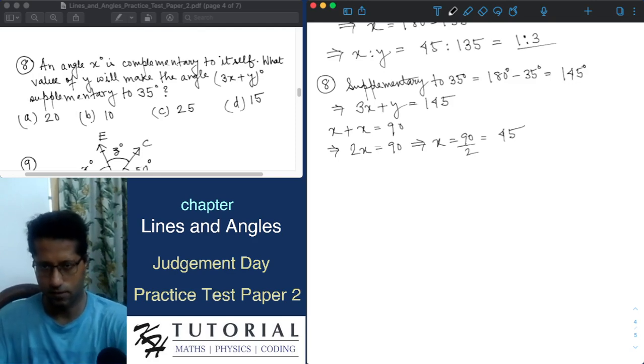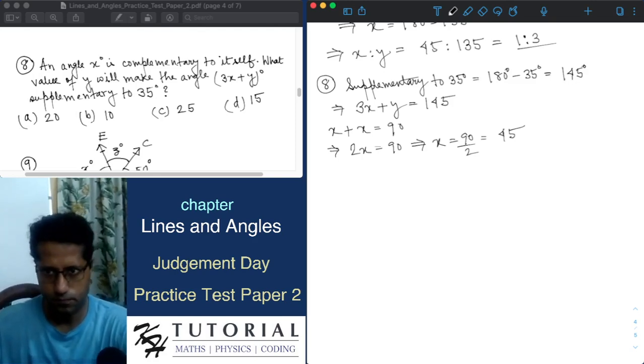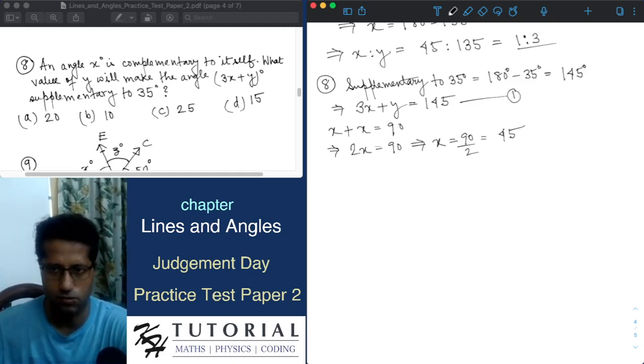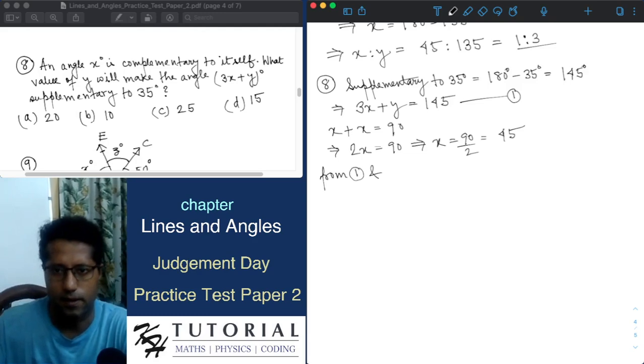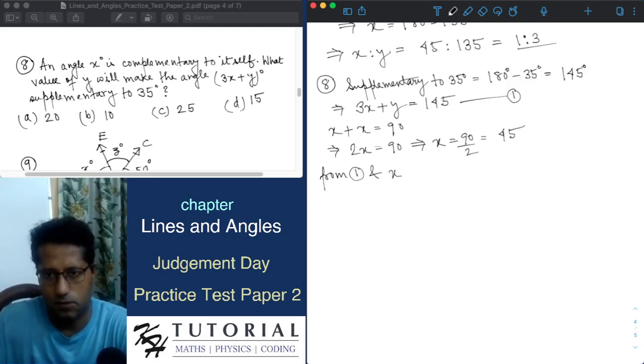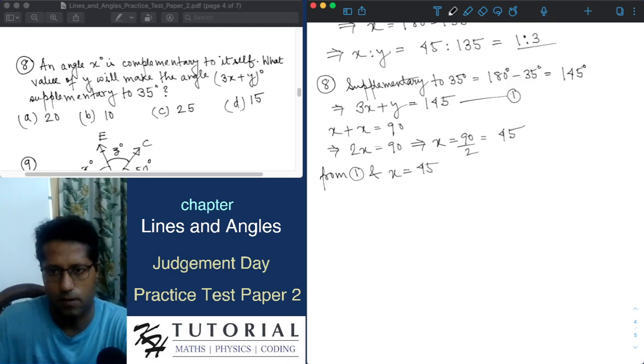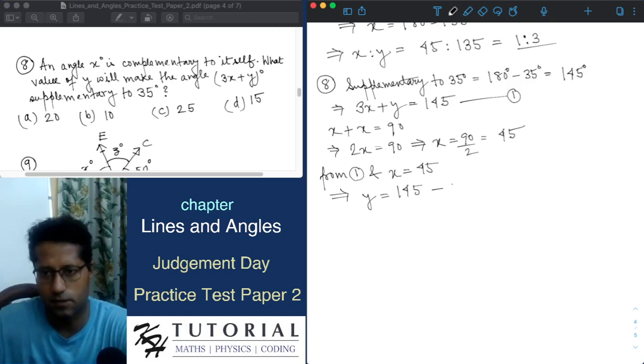So now, if this is equation 1, we have 3x plus y equals 145. So from 1 and x equals 45, y equals 145 minus 3x, that is 3 into 45.